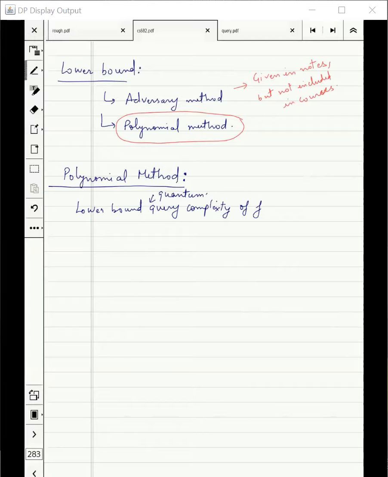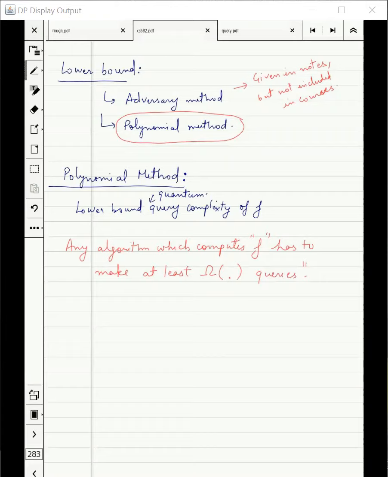In other words, I want to give a statement like this. Any algorithm which computes f in the bounded error setting, obviously, we are in the bounded error setting, has to make at least these many queries, right?